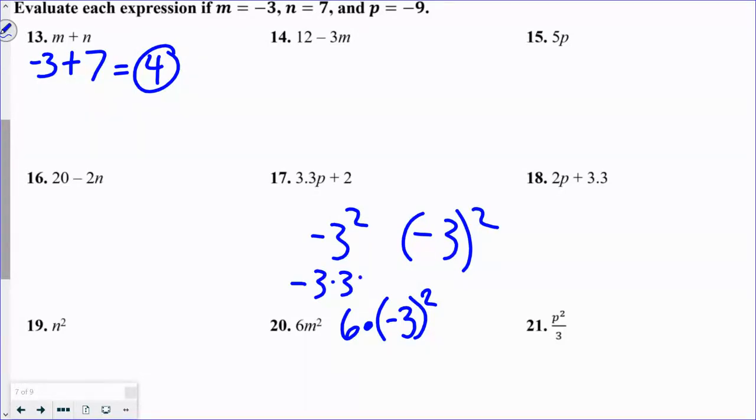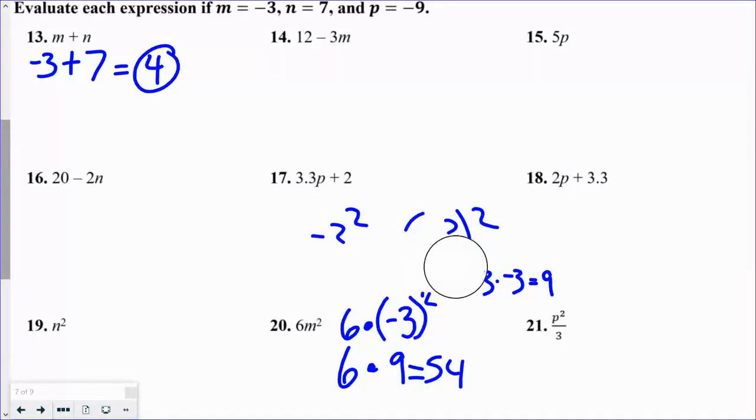Well, that would give me a -9. Whereas if I have the parentheses, it means a -3 times a -3. It gives me a +9. So you see where you could accidentally make an error and get the wrong answer. Okay? So this way, now I know I am taking 6 times +9, which then gives me 54.